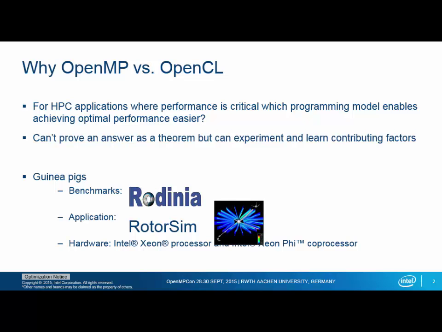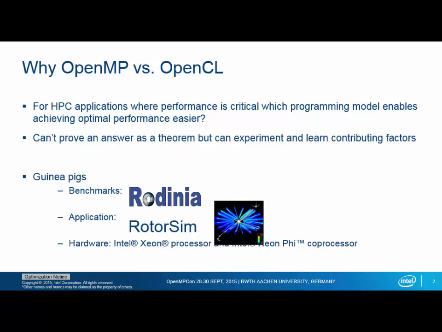We decided to do it through experiments, and started with a benchmark suite called Rodinia. After we learned something during this work, we decided to apply this knowledge to a real application called RotorSim.